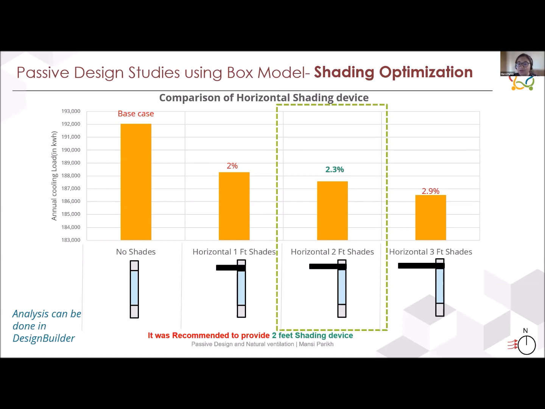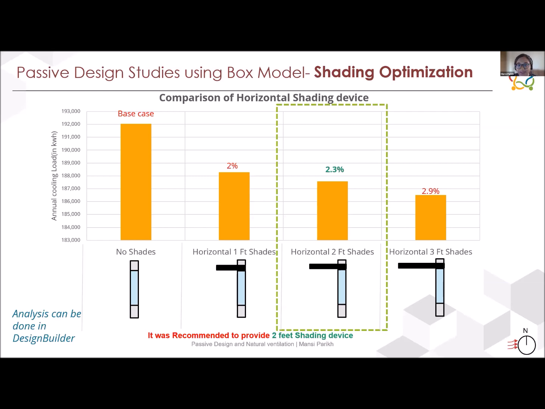And we suggested the 2-feet shading device to the client only because it is easier to do. Providing a 3-feet long shading device for a particular window was very difficult, and it would require a lot of designing from the client, and the architects were not ready to take that up.